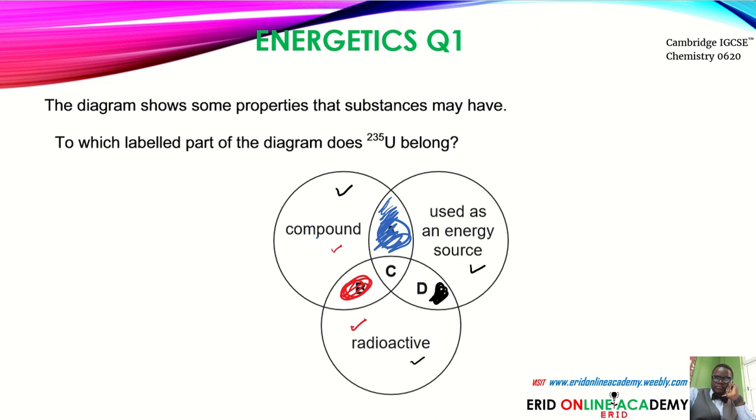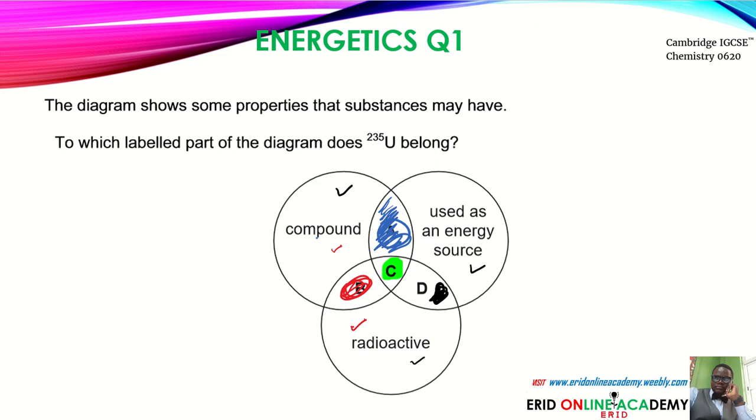So C here simply means that the substance has all the properties mentioned. And what are the properties mentioned here? That the substance is used as an energy source, the substance is a radioactive substance, and of course that the substance is a compound. So we need to look at this critically.